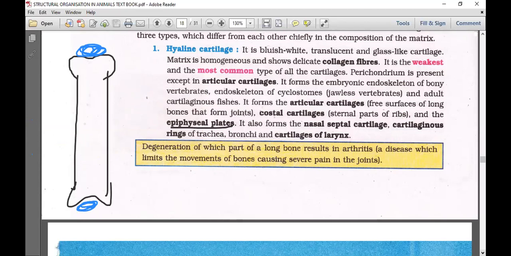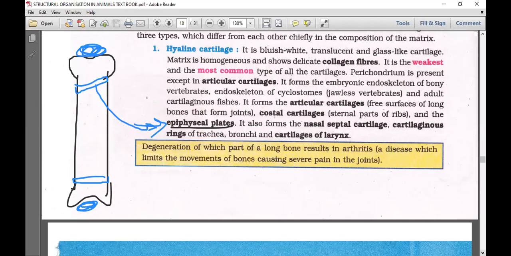A growth plate, we can generally say. Here it is. When we go to bone in the coming classes, you can understand what exactly the epiphyseal plate is, but now I have shown you the location. This is the epiphyseal plate. In the long bone, that place, the epiphyseal plate, is also made up of hyaline cartilage.